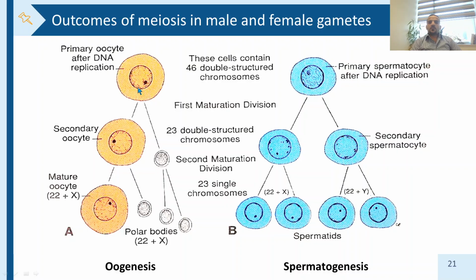The first meiotic division will give us 1 secondary oocyte and first polar body. The second meiotic division will give us the definitive oocyte and the second polar body.